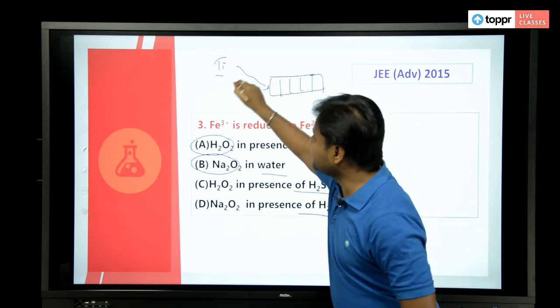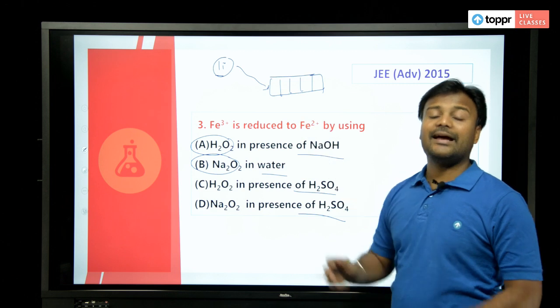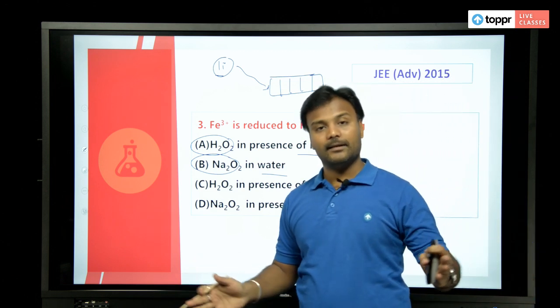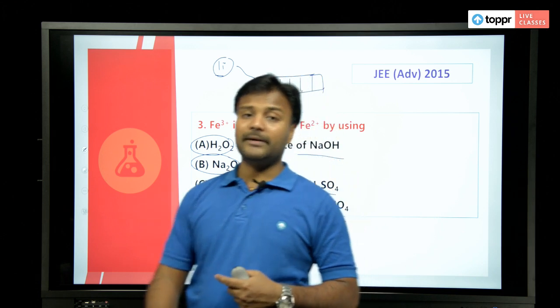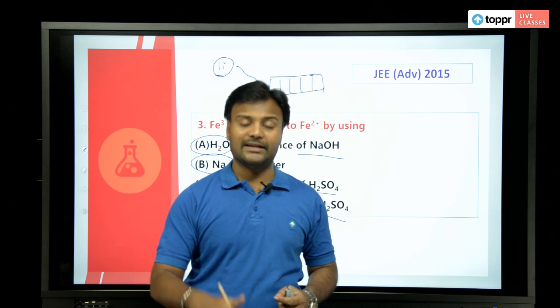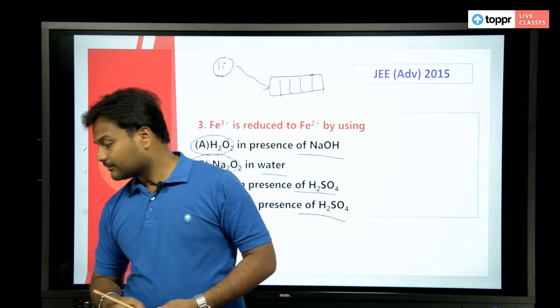When a ligand approaches these d orbitals, then the energy differences take place, which causes splitting. Got it? The depth of the splitting, the energy difference between the split levels, will depend upon the type of ligand, whether it is a strong field ligand or a weak field ligand. Is it clear?